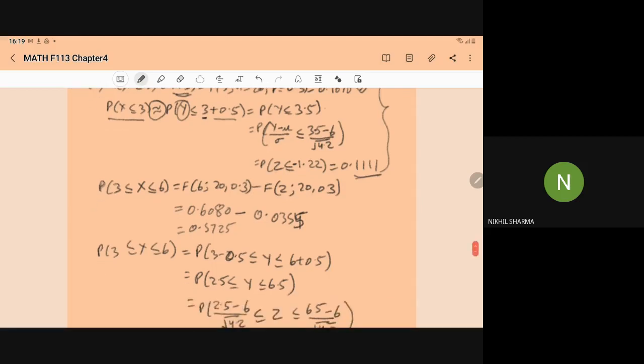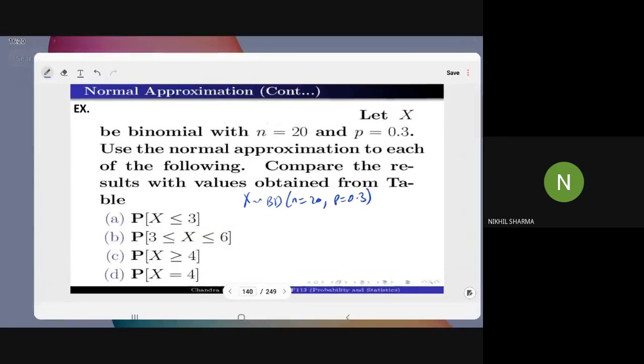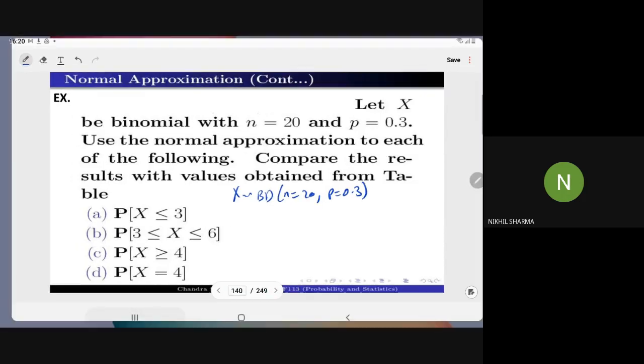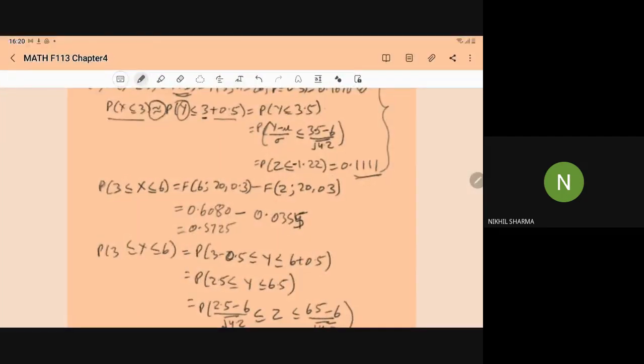Here you are approximating the binomial variate through the normal variate. Then in the second part, or B part, you have to find the probability of x lying between 3 to 6 inclusive.